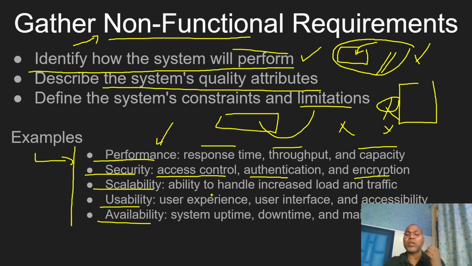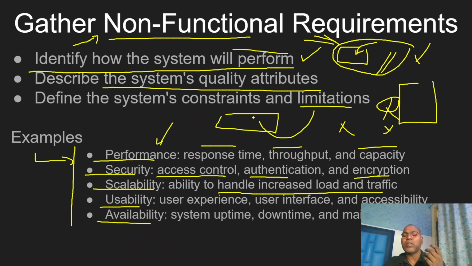Similarly, you talk about scalability, handling increased load and traffic. What is the average load on your system, maybe during office timing, or maybe on weekends, or some special occasions? How much can traffic increase or decrease, or is the traffic always the same on the system, right? So you have to talk about the number of users, concurrent users per second, per minute, or 24 by 7.